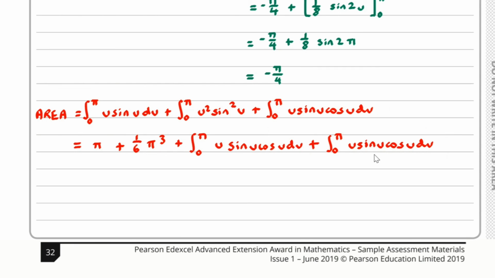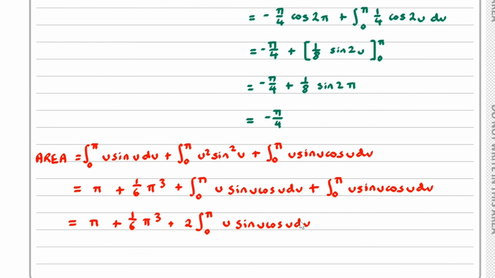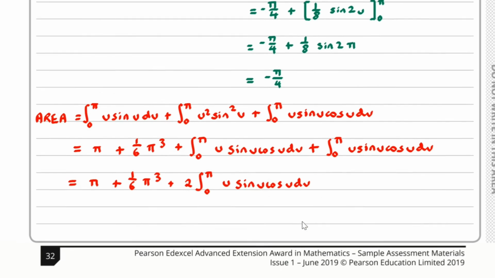So what will we be left with? Well, we've got pi plus a 1/6 pi cubed plus 2 lots of the integral from 0 to pi of this. Now, this bit here, we already worked out the integral of u sine u cos u. We worked that out to be minus pi over 4.